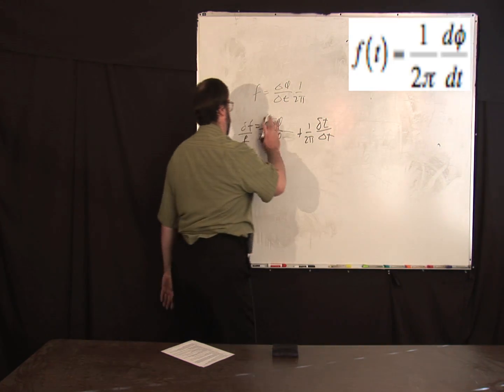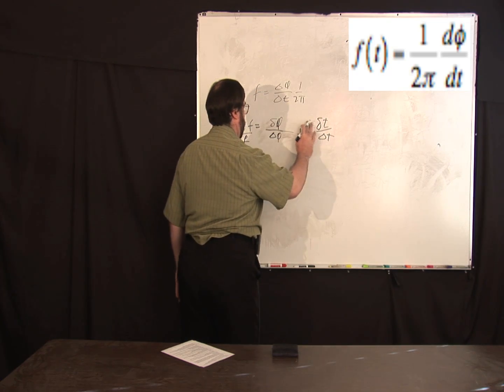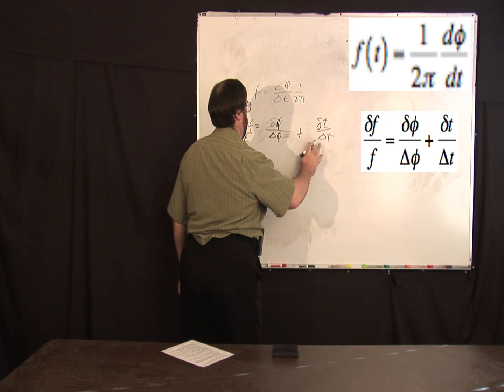Actually, no, the 1 over 2 pi's cancel. Forgot to do that, right? Okay.